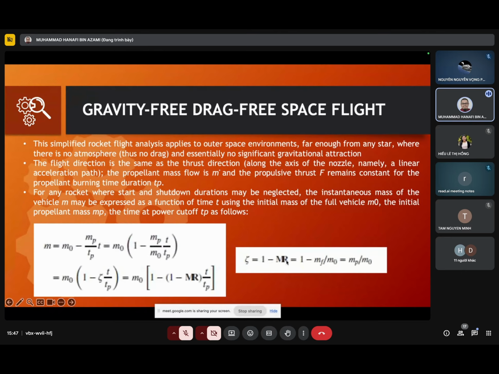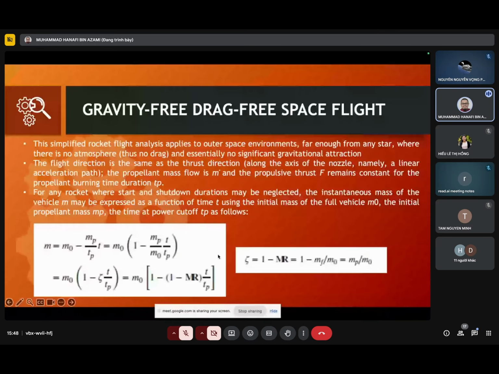1 minus mass ratio. What is mass ratio? Mass ratio is mf divided by m naught. What is mf? Mf is the final mass, when all the propellants have been used. So zeta is mp over m naught, and mass ratio mr is equal to mf over m naught.